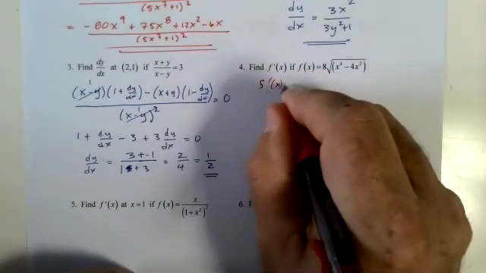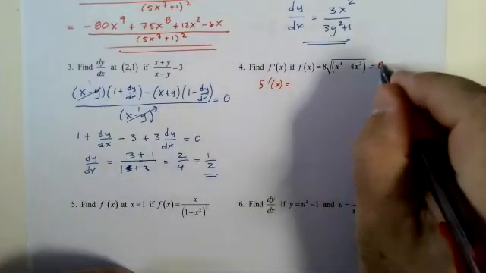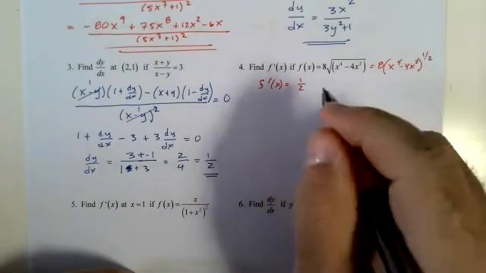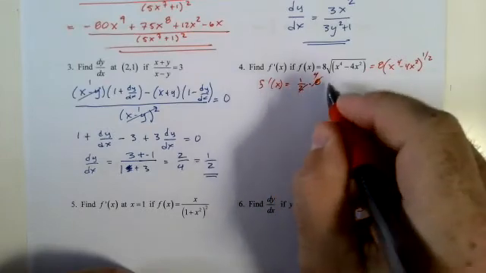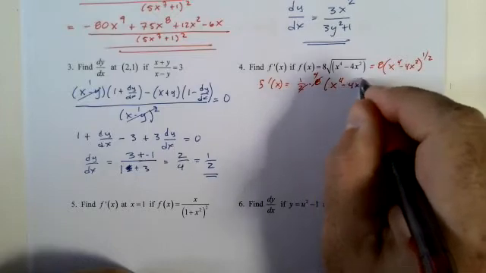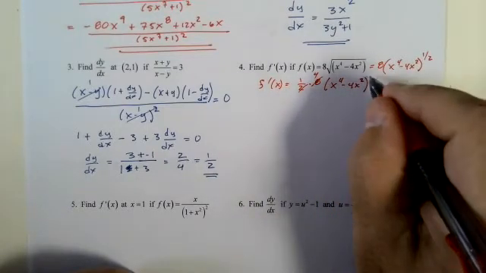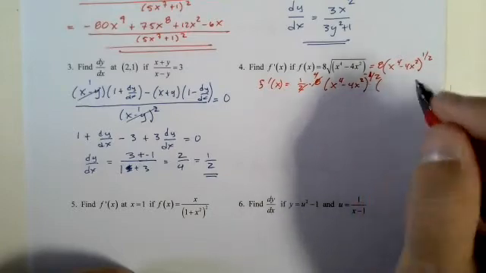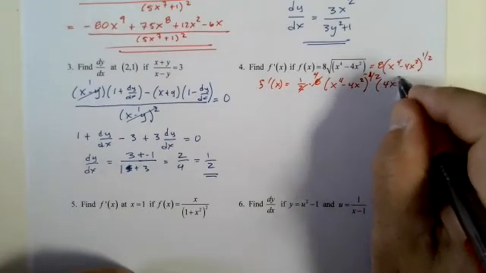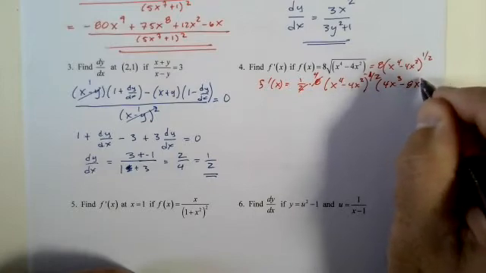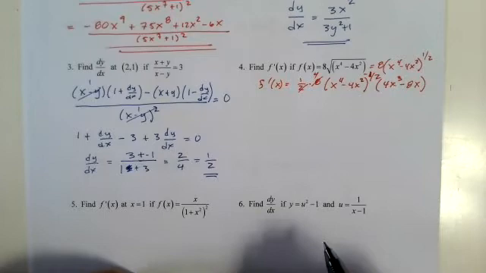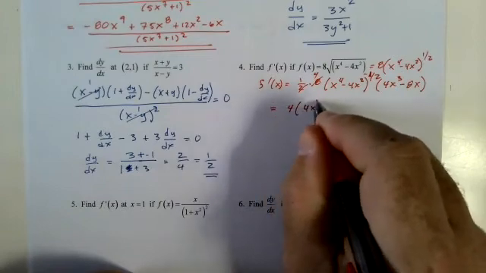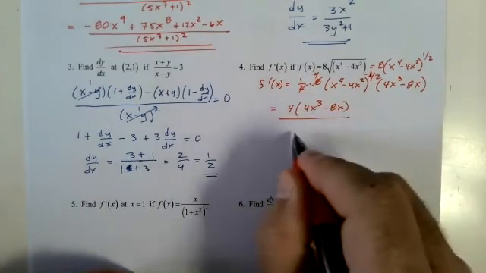f prime of x equals... yeah, I guess just run with it from there. 4 times 4x to the third minus 8x over the square root.